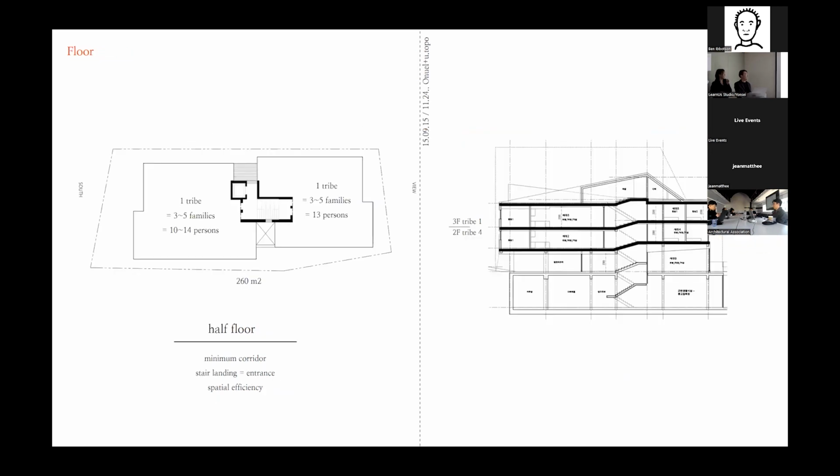So after that, we could fix the floor. As you can see, in the middle, we have a staircase. And to achieve spatial efficiency, we wanted to use this landing space for the entrance for each tribe space. We actually started for the efficiency, but ended up with a really good connectivity by making half floors.